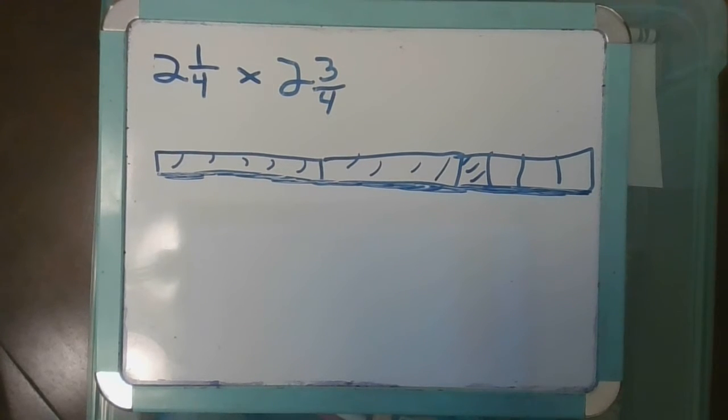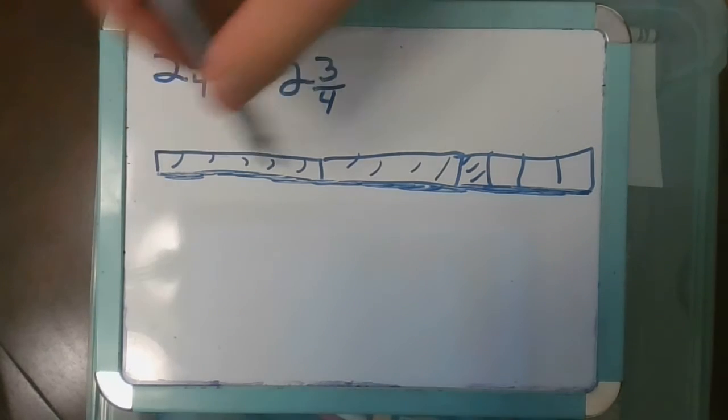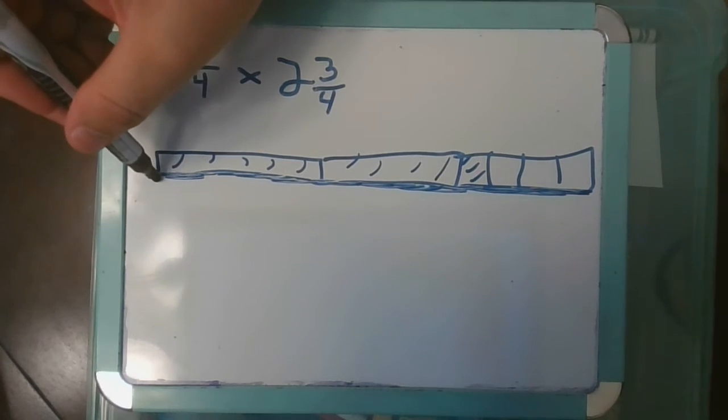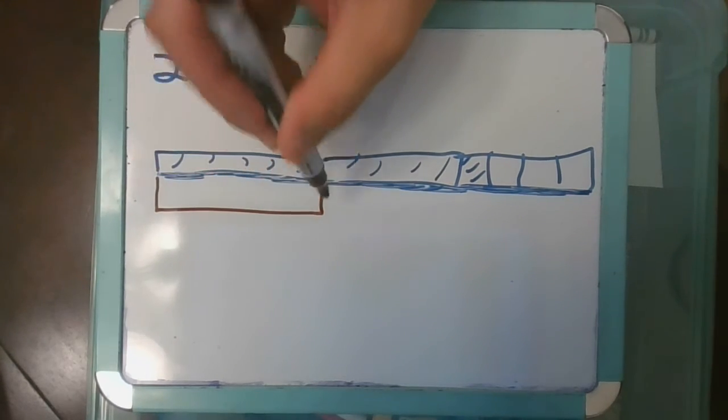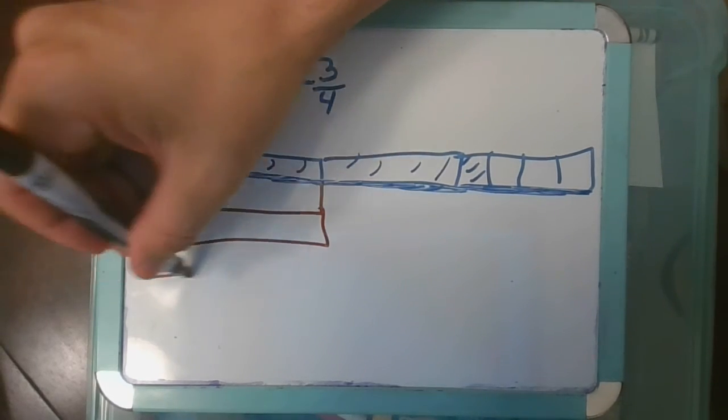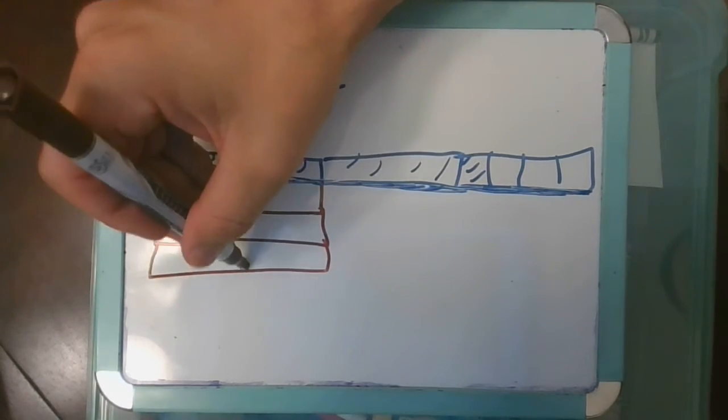Okay, so let's do that now. So I need to find 2 and 3/4 of this number. Okay, 2 and 3/4 times it. So for each piece, I need 2 and 3/4 of it. So here's this one. I need 1 for that one, 2, and now I need 3/4. Fourths.